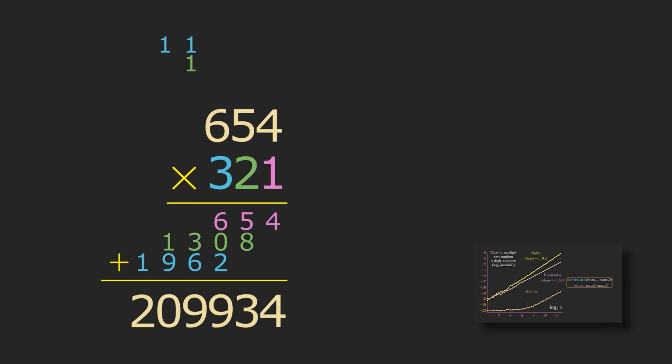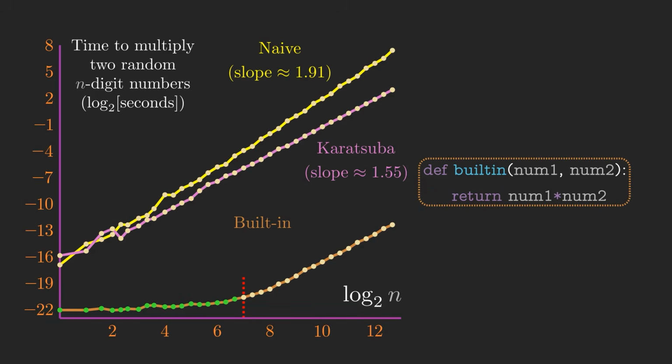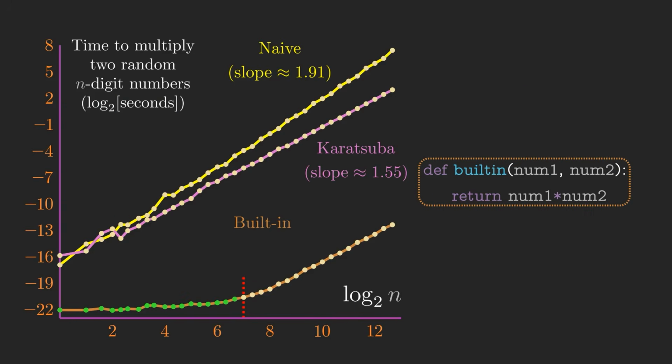In fact, the slope of the initial segment of this bottom curve is very close to 0, meaning below a certain number of digits, there's almost no additional cost to multiplying larger numbers. And the naive algorithm is better for these inputs because it avoids doing the extra additions and subtractions that Karatsuba's algorithm has to do. But for larger numbers, Python switches to Karatsuba's algorithm.